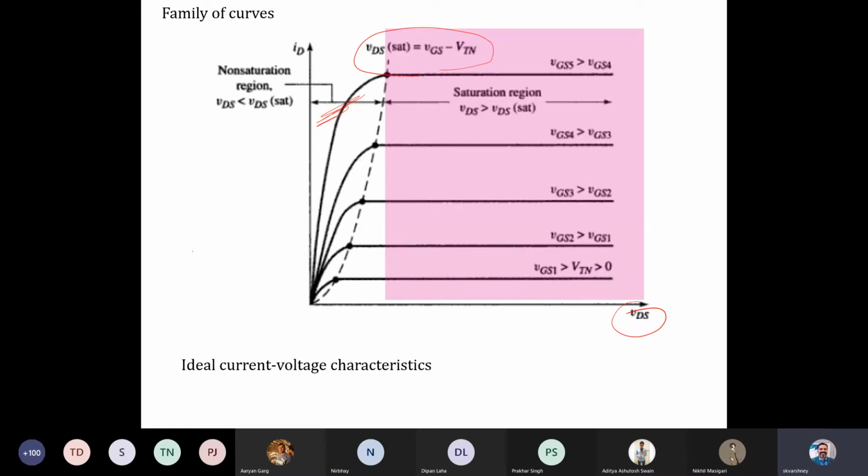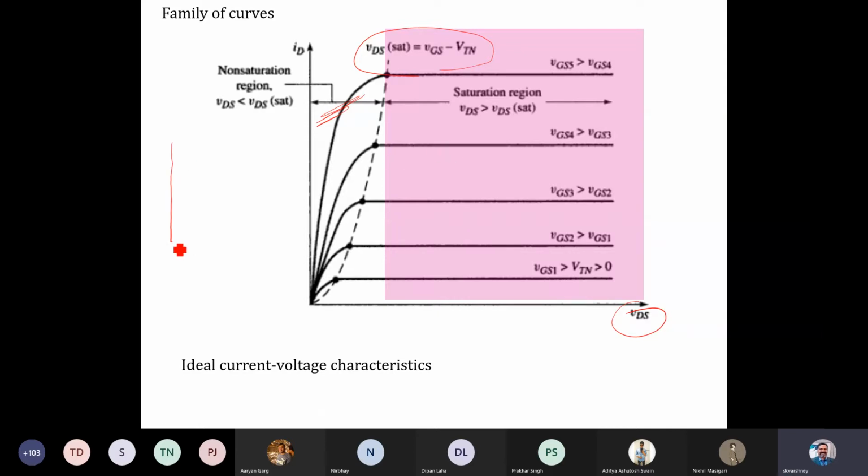So the channel is formed, and when we apply a small signal, the current flows through the device, and then we get a characteristic like this. Since it's an ideal one it would be flat, but actually there is some finite slope that exists in this output characteristic.